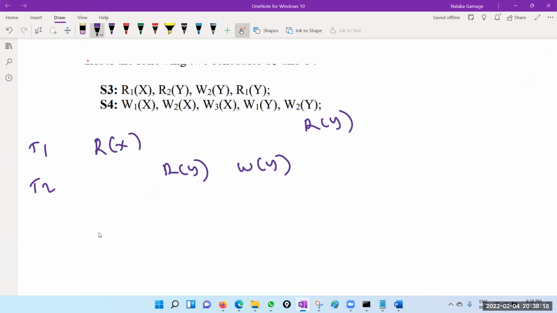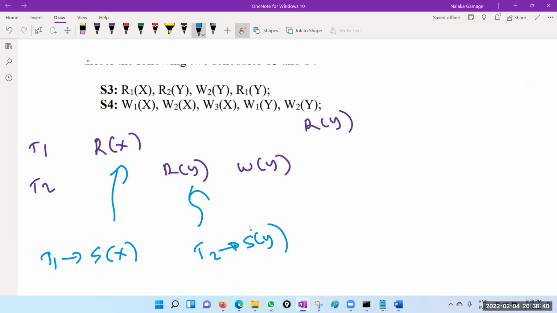I'm just writing it here, but you have to write it in more detail. So shared X is taken by transaction 1. Then transaction 2 takes shared Y. Now transaction 2 takes exclusive Y as well.